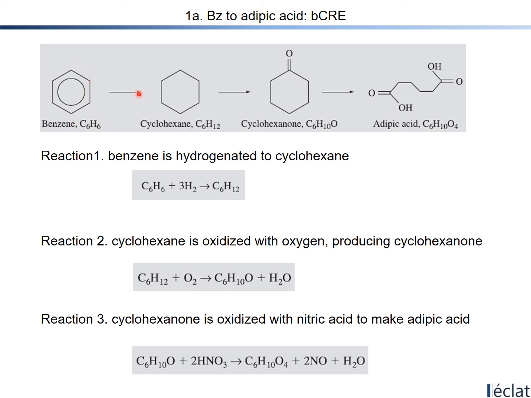Benzene is going to cyclohexane, then cyclohexanone, then finally it is converted to adipic acid. We have already known the balanced equation for those 3 steps. Step 1, this one, this, and step 3.